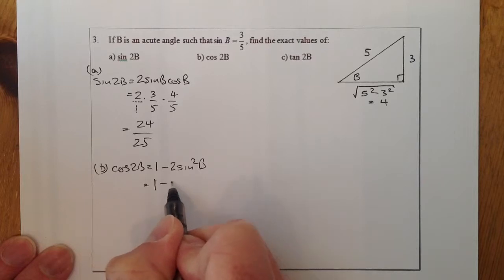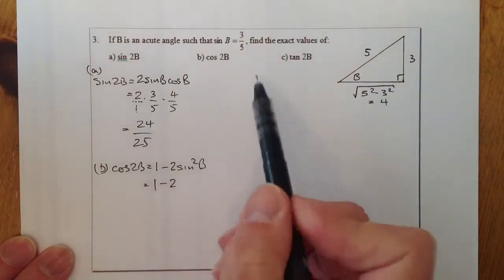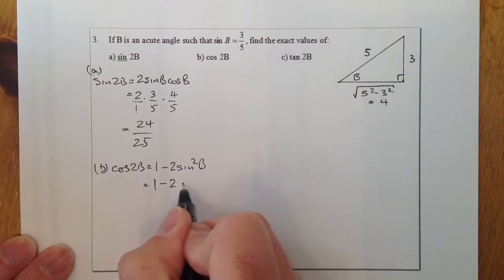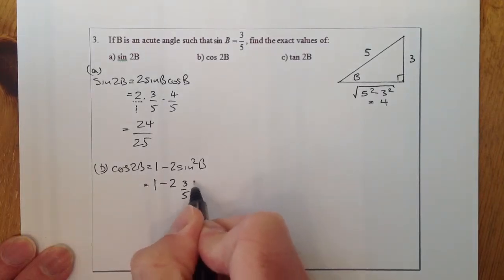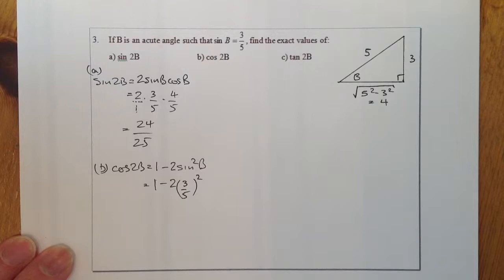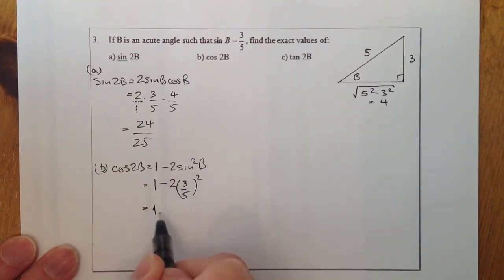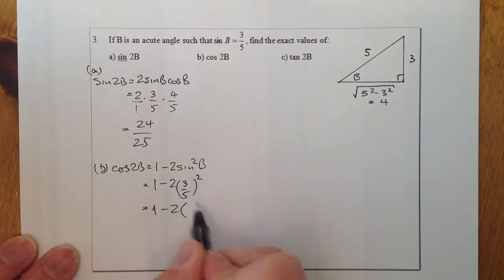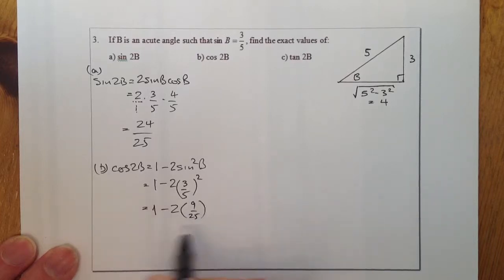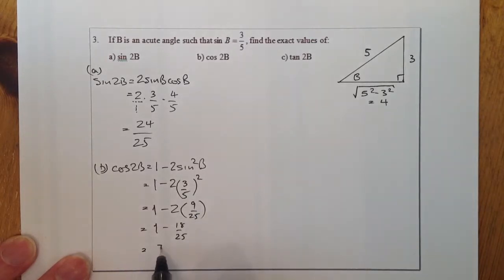I've got 1 take away 2 times sine squared B, because I'm given sine B, which is 3 over 5. I square that, multiply by 2, and subtract it from 1. So 1 minus 2 times 9 over 25 gives 1 minus 18 over 25, and that leaves me with 7 over 25. So that's my final answer for that one as well.